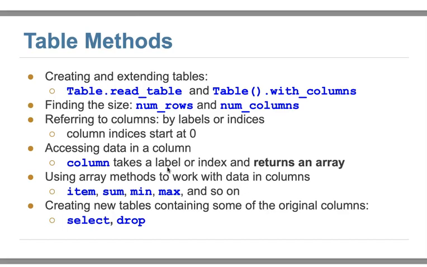So that's why you can use all the array methods to work on the data in the columns. For example, the sum function, minima function, and maxima function can get you the sum, minimum, and the max value from the column values. Using item, you can pass in the index to return specific column data.